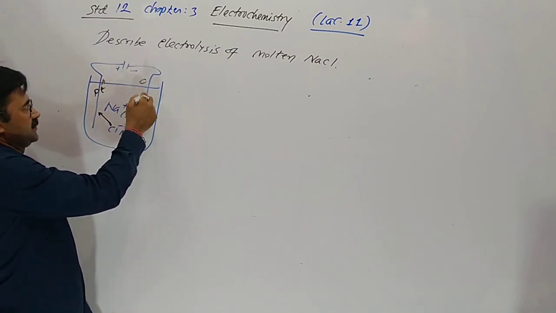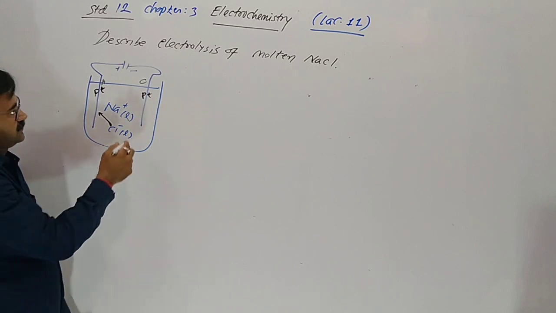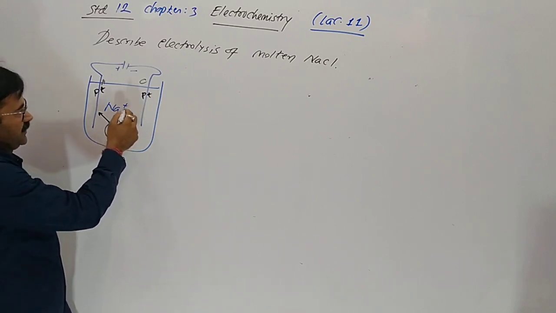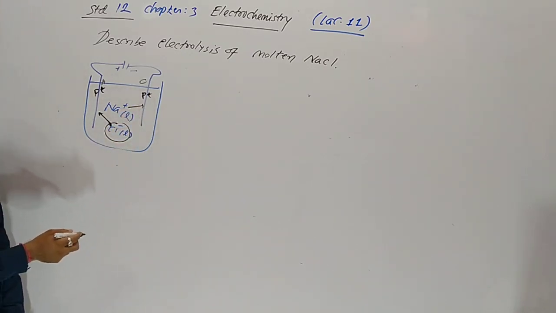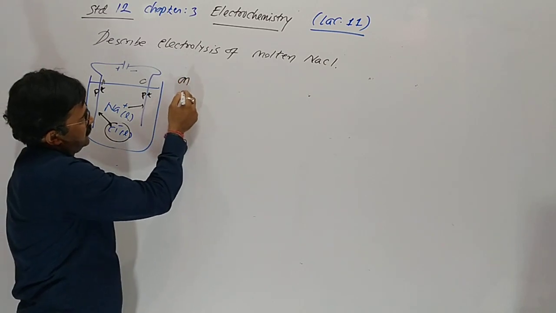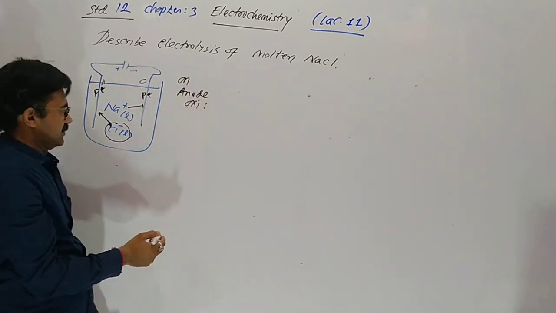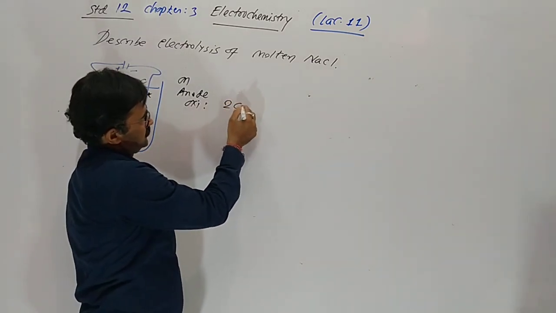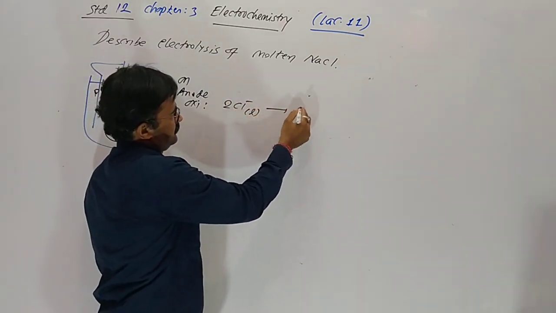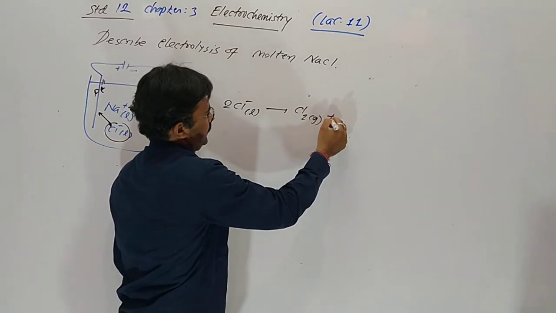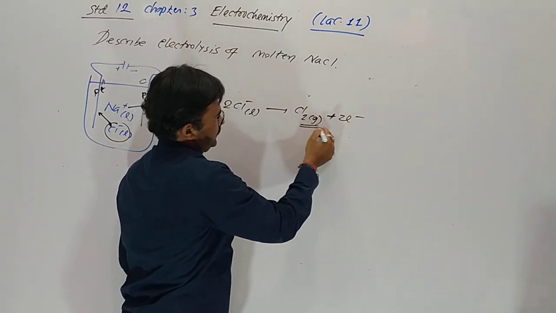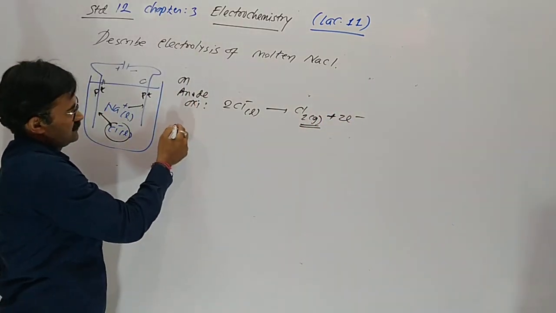Our rod is of platinum. Chloride ion moves toward the anode, sodium toward the cathode. So on the anode, oxidation occurs. 2 chloride ions lose 2 electrons and give chlorine gas.